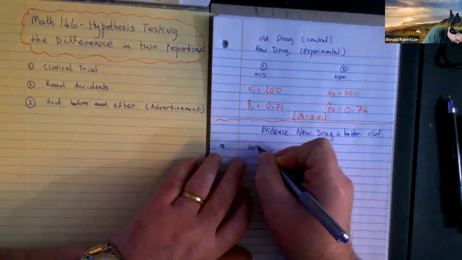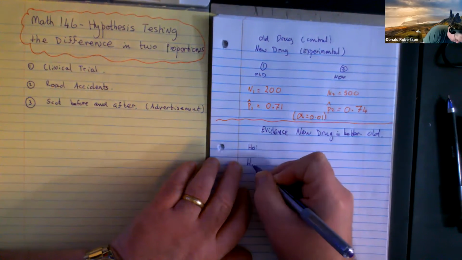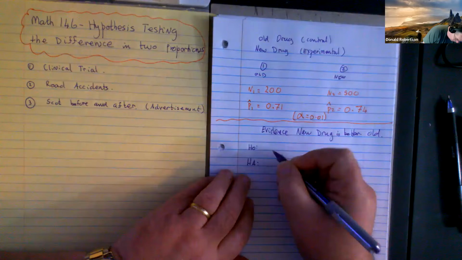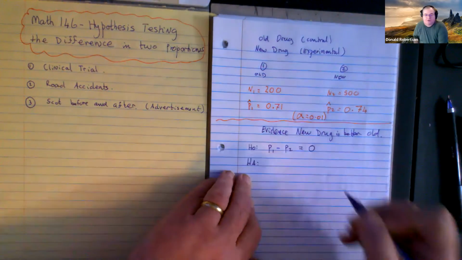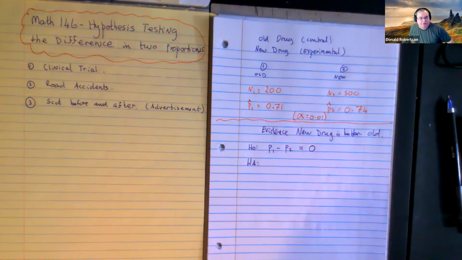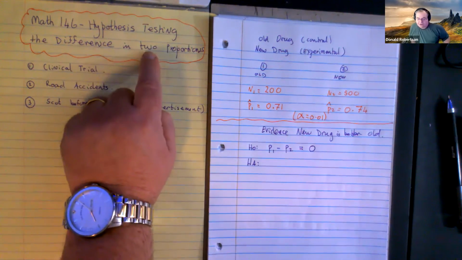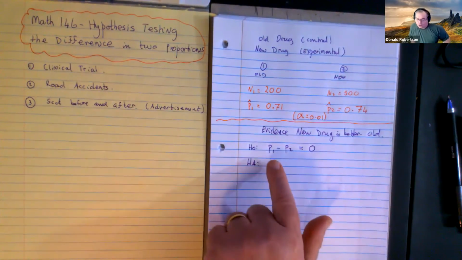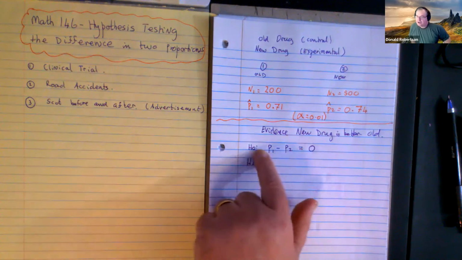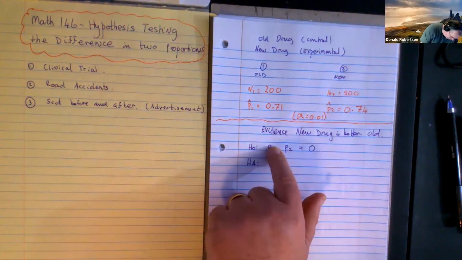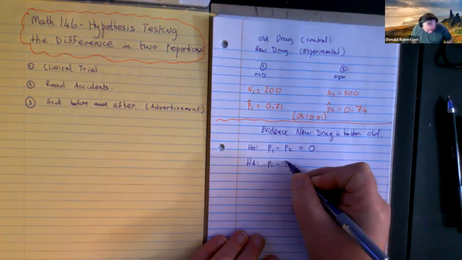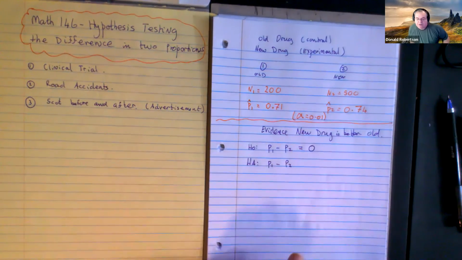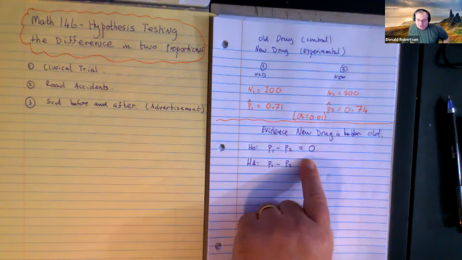So first thing we're going to have to do is set up the null and alternate hypothesis. One of the nice things about the difference in two proportions hypothesis test is that the null hypothesis is always the difference equal to 0, no matter what the story is. And then the alternate. There are three possibilities. Should this be bigger than 0?